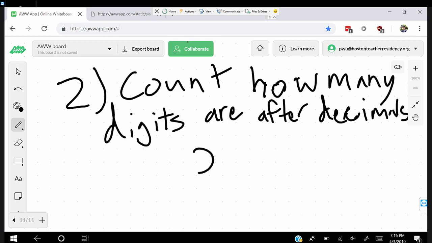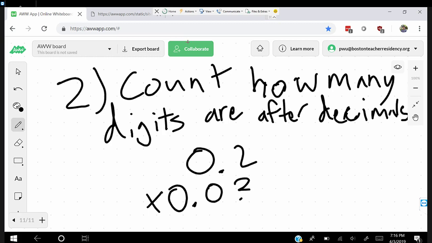So as a reminder, 0.2 times, sorry, let me line this up better, times 0.03.